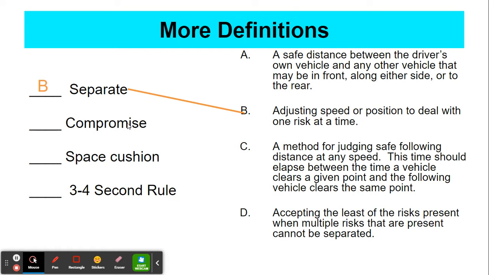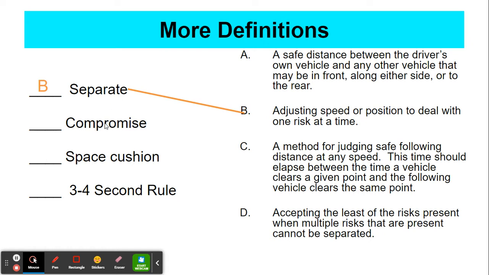Now I like to look at it like this. Separate is when you have to slow your car down, often move at the same time, but you don't have to come to a complete stop, and you don't have to totally give up your right of way, or the rights to the roadway.